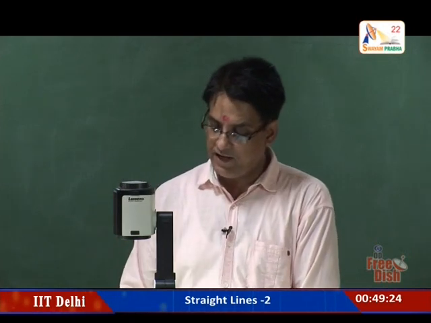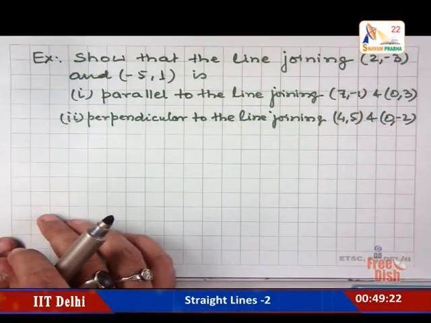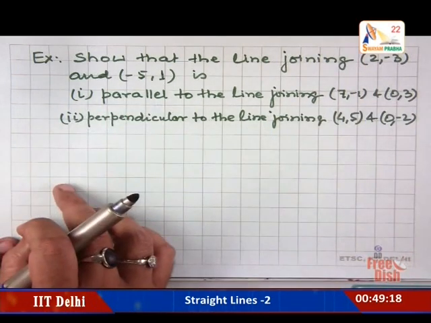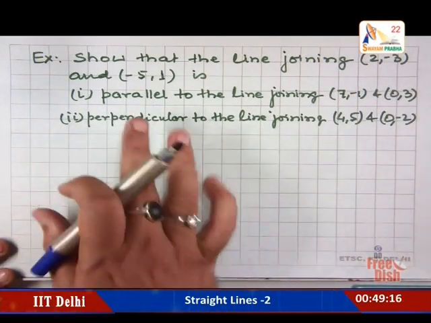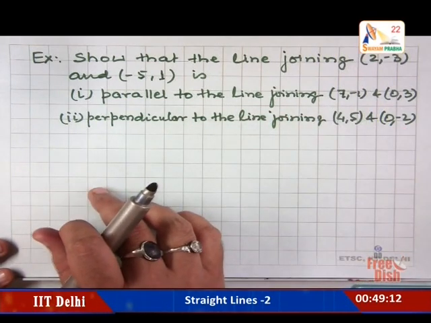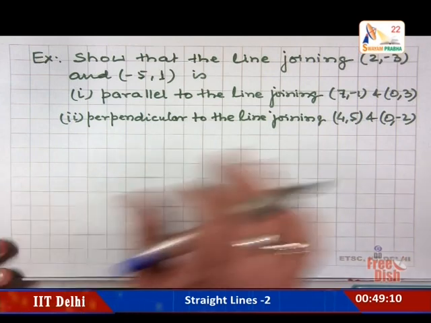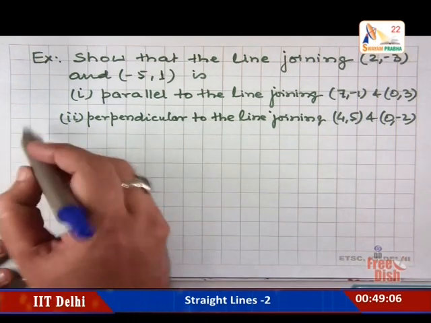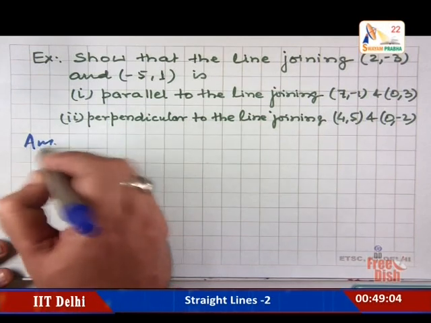Show that the line joining given 2 points 2 minus 3 and minus 5 1 is parallel to the line joining 7 minus 1 and 0 3, and second, perpendicular to the line joining 4 5 and 0 minus 2. So what do we have to do here?